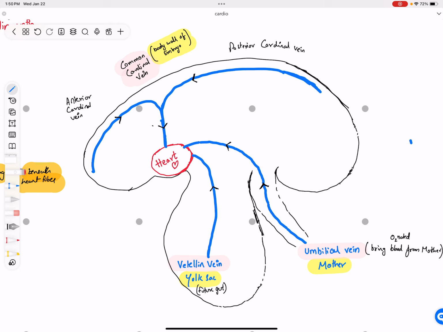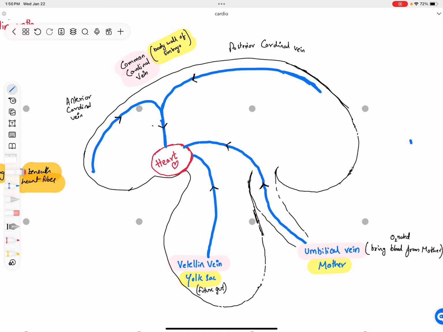These collect blood from the cranial part of the embryo, and posterior cardinal veins become the inferior vena cava. These drain the caudal part of the embryo. There are also common cardinal veins mentioned here, and they drain blood from the complete body wall of the embryo.